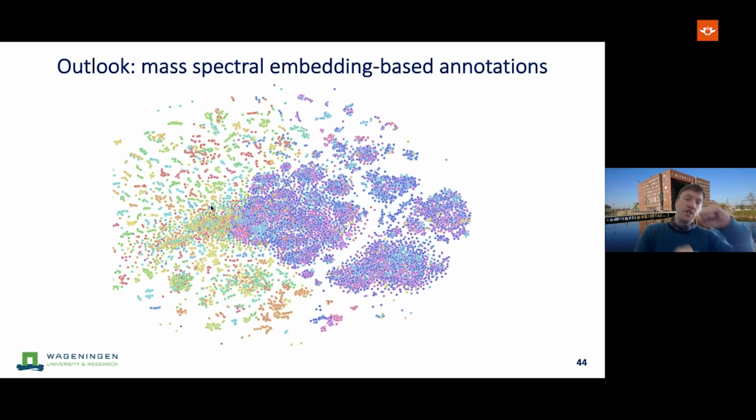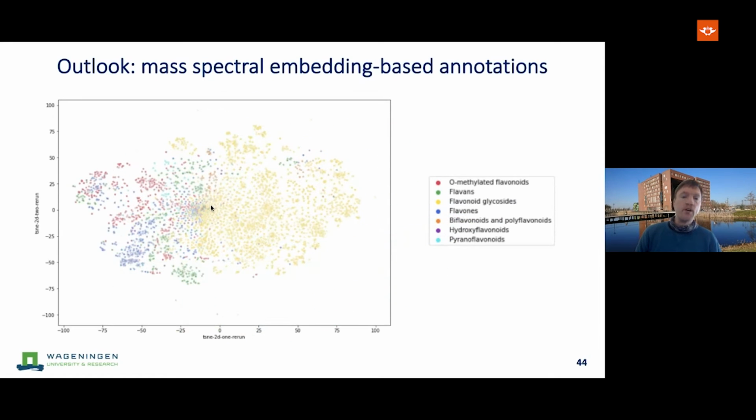So you can already see that somehow they are usually grouped quite nicely together. But when we zoom out a bit and we only look at the chemical compound classes, then we can start to see patterns in there as well. On the right-hand side we mainly see the flavonoid glycosides, on the left-hand side we mainly see the O-methylated flavonoids, etc., etc.